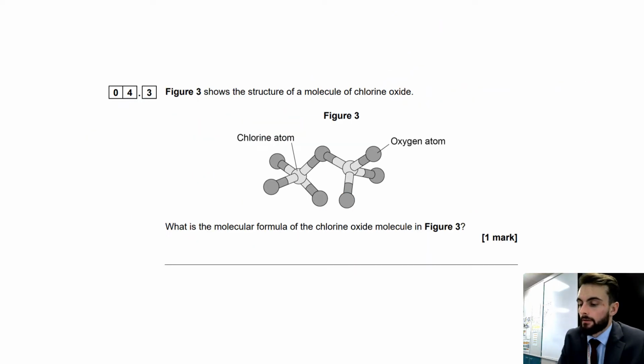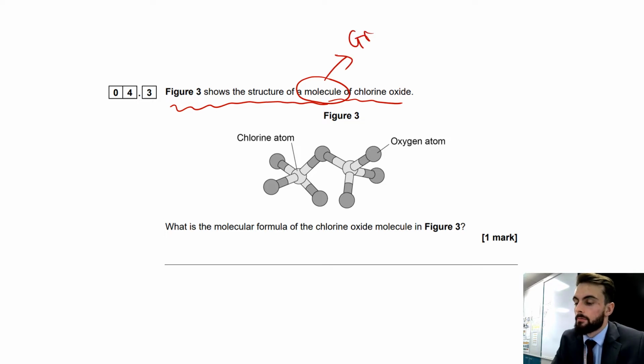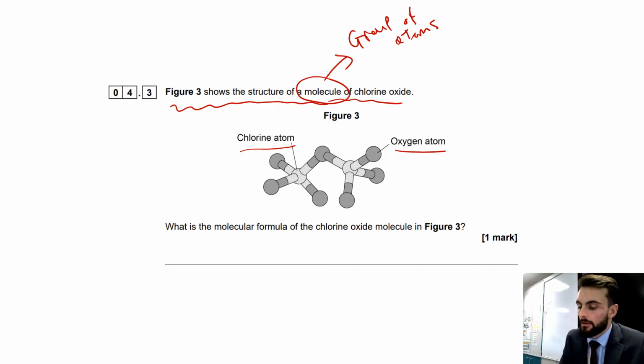Next question. Figure 3 shows the structure of a molecule of chlorine oxide. First thing, what is a molecule? A molecule is a group of atoms. And then we've got figure 3, says these are chlorine atoms, these are oxygen atoms. What is the molecular formula of a chlorine oxide molecule? First word I'm spotting is formula. What's a formula?